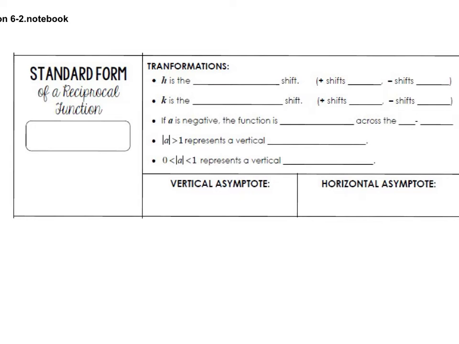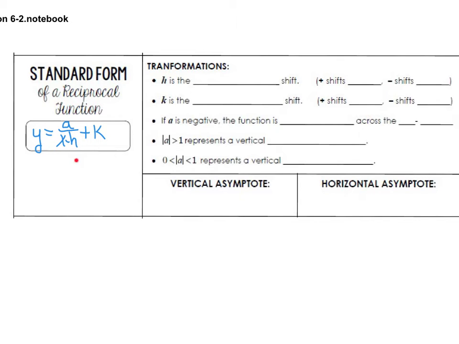Instead of f of x, I'm going to write y because you're familiar with the letter y, but I easily could have put f of x. Normally it would be 1 over, but remember that vertical stretch or shrink is caused by a, so a is going to be our constant in the numerator. So it will be a over x minus h, and then on the outside plus k.